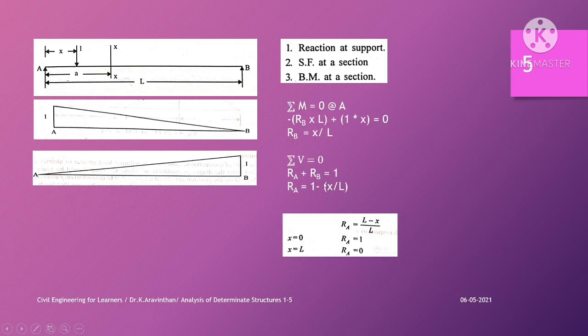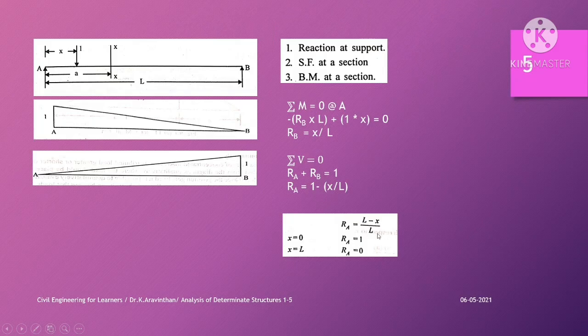So when you apply x equal to 0, you will be getting RB 0, so at the position of x equal to 0, you will be having the reaction B as 0, and if you apply x equal to L, the reaction B will be L by L will be 1, so you will be having 1, the unit, the maximum reaction at B. So that is why the triangle is like this pattern.